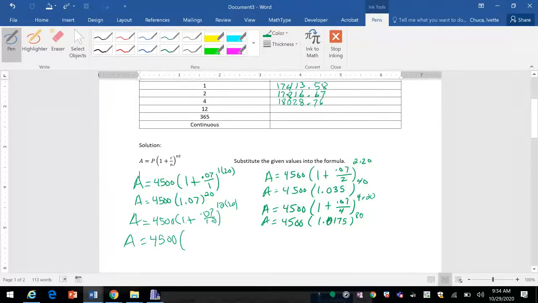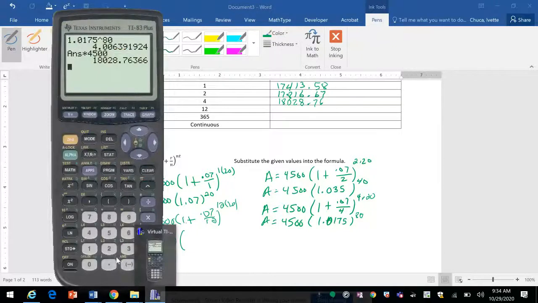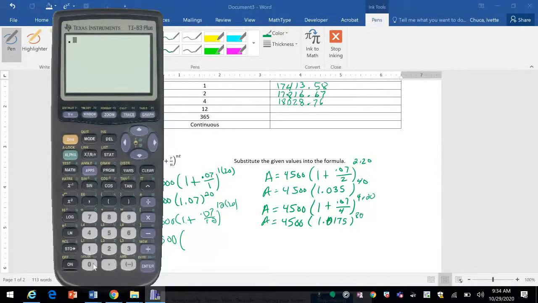So 0.07 divided by 12, again, don't round until the very end, plus 1 gives us 1.0058333, and so on.